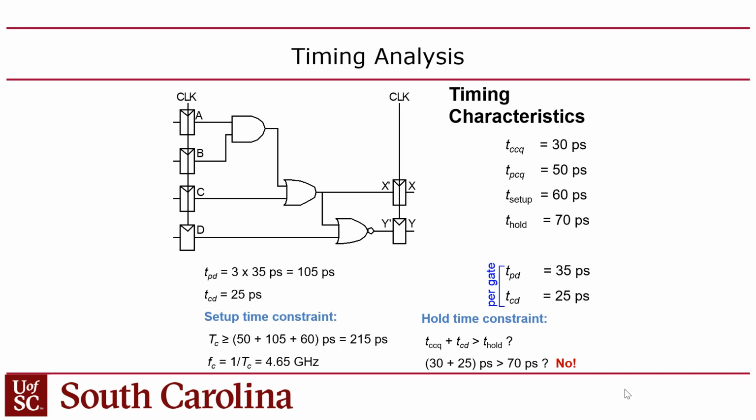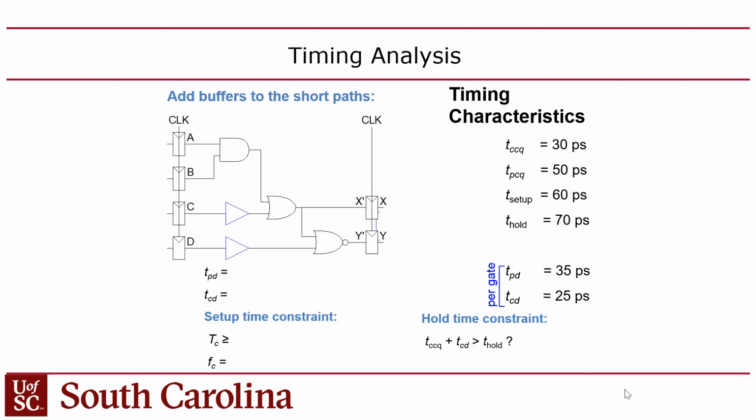It's 55 picoseconds. So this path is going to update the input to this register possibly as fast as 55 picoseconds, which will blow away the hold time of this register. So this will fail the hold constraint.